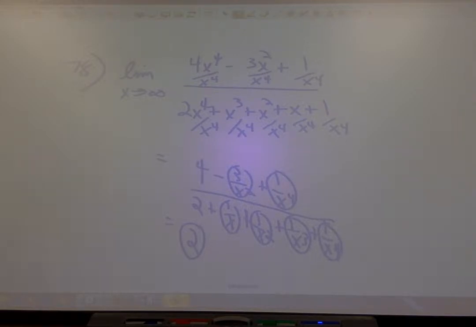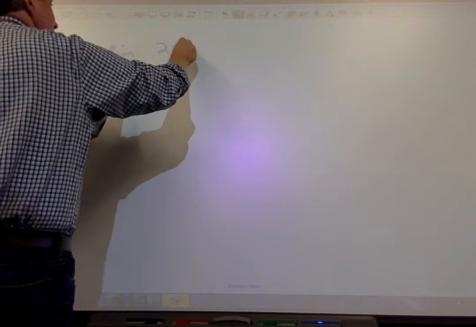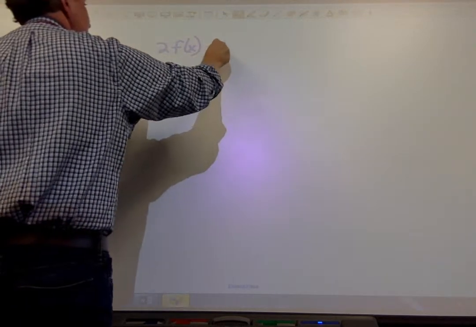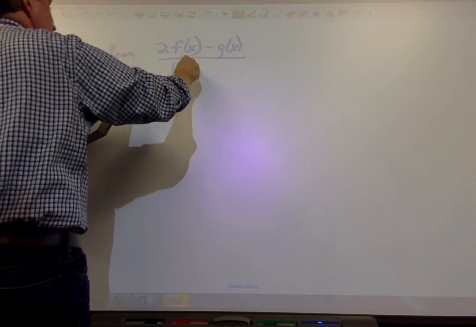47. 47. On 112? Yes, sir. 47 says the limit as x goes to a of 2f of x minus g of x over f of x times g of x.